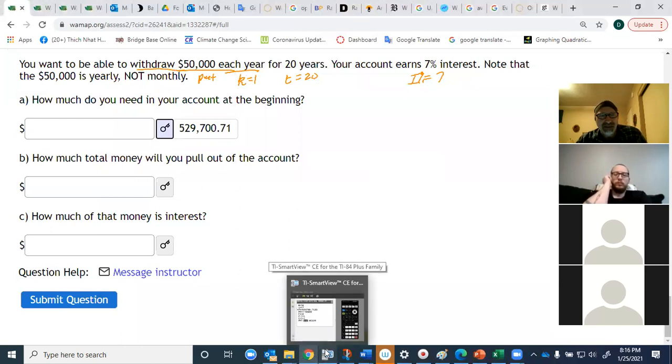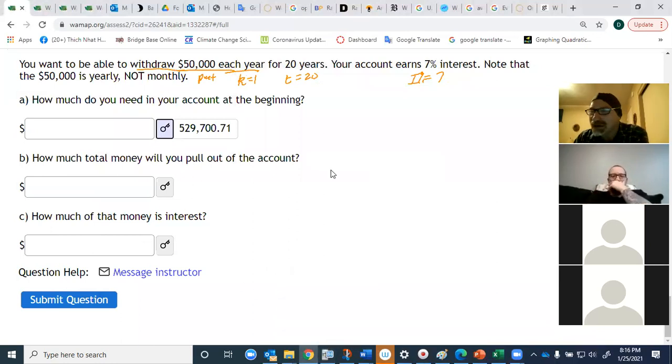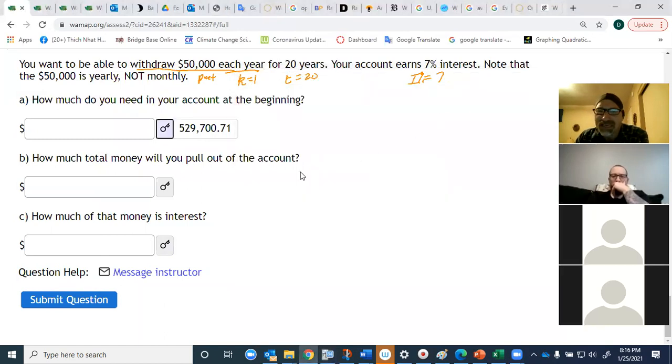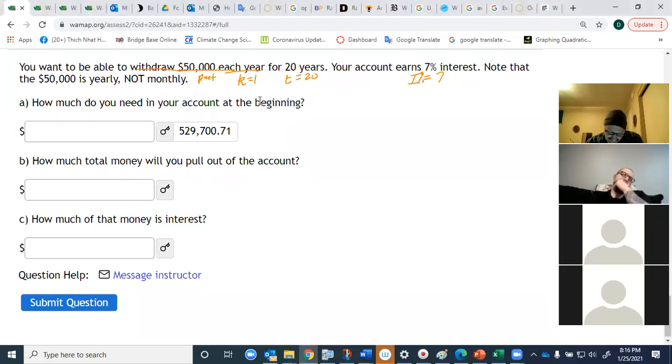And then this is an interesting question. Remember, we always want to find out something about interest. The interest is of interest. How do you calculate how much interest you're going to get? Well, you're going to be pulling out 50,000 a year for 20 years.